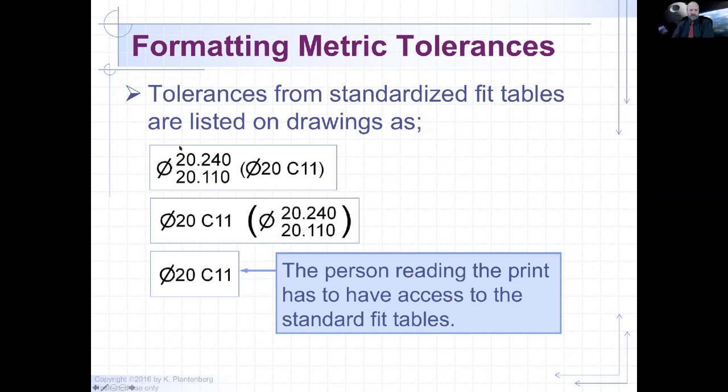And this could be for a hole, for example, right? Or you could dimension it this way. You can say the basis size is 20 millimeters, and it's a C11. So this is a hole because it's capitalized, and then this is your IT number. If you go look this up, you'll get this range for the hole.